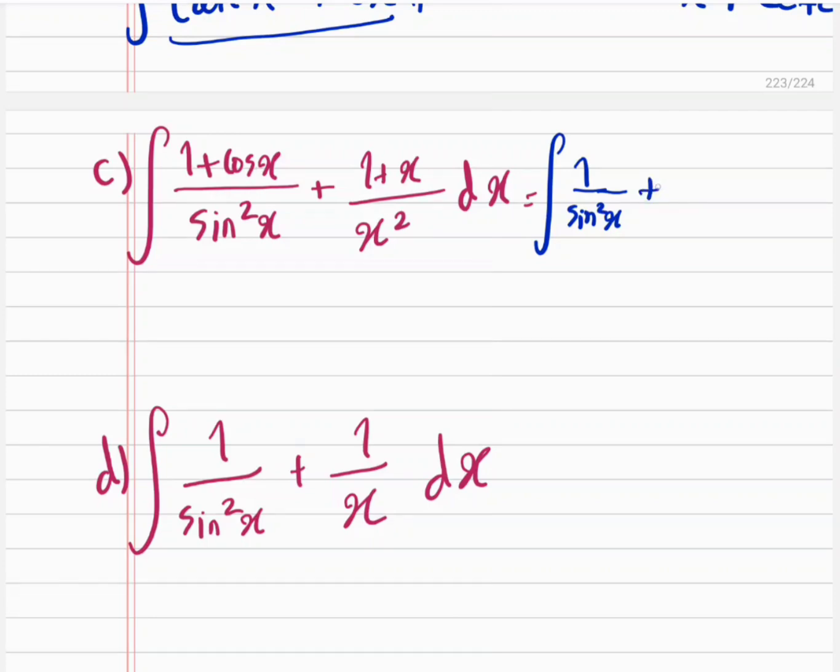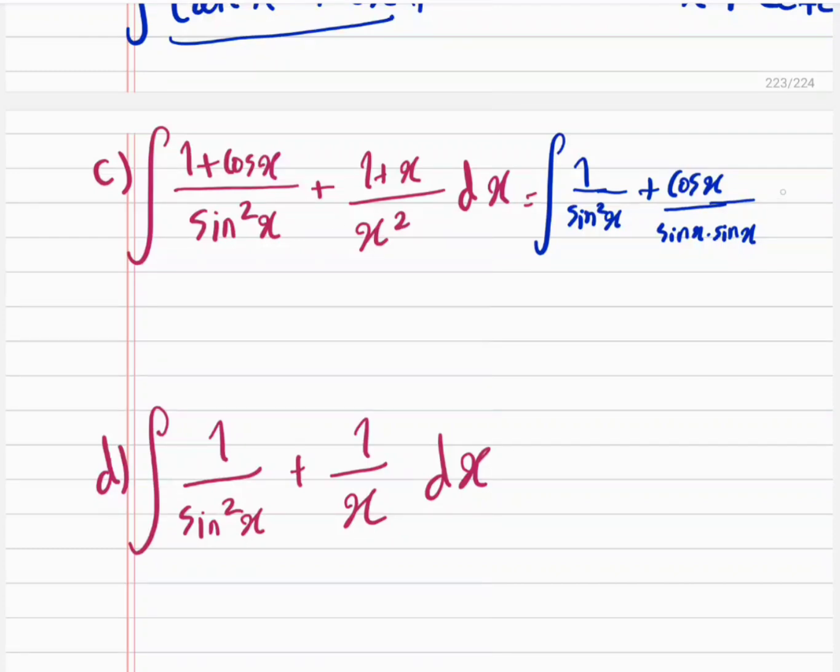The next term is cos x over sine squared x. But notice that we can rewrite this as cos x over sine x times sine x. And later I will simplify this further and you will see that this will change to cot x cosec x.